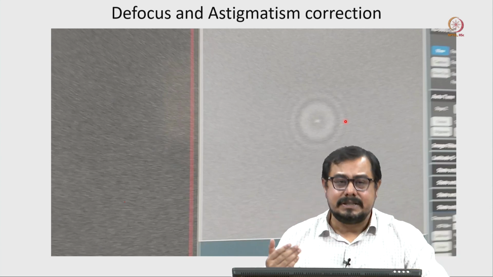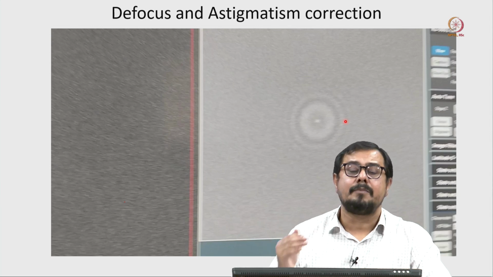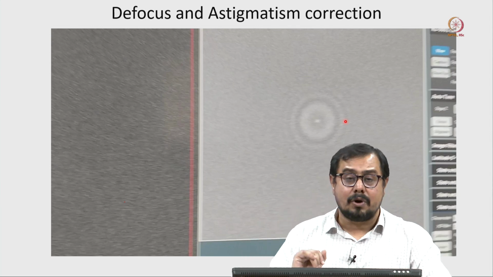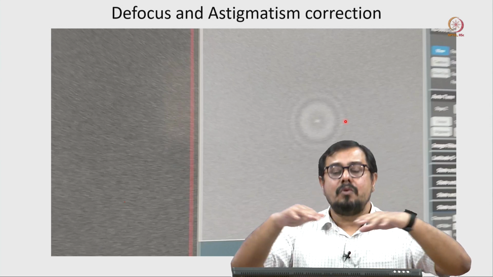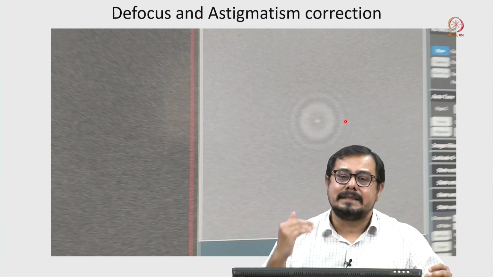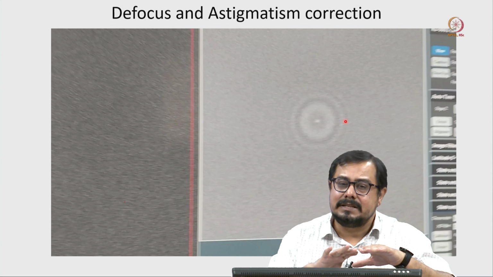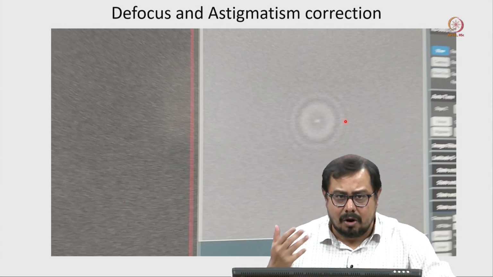So I will use this term defocused very frequently. Whenever I use it, you can consider it a minus focus or under focused image, not an over focused image, because an over focused image gets a black boundary and particles appear white, and that will be a problem when you do the data processing. That is the reason most of the time we use under focused images, which we call the defocus.